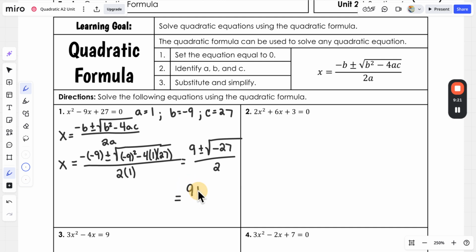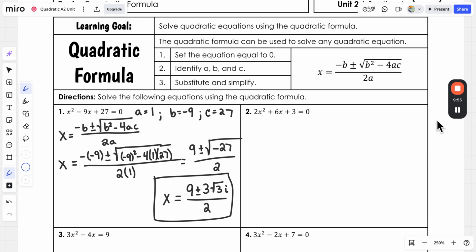So this is 9 plus or minus the square root of 27, since 9 times 3 gives us 27. 9 is a perfect square, so I pull its square root, 3, out and keep the regular square root of 3 because it is an irrational number, and keep the 2. So x is equal to 9 plus or minus 3 square roots of 3 over 2, and I forgot my i because that negative has to come out as the i.